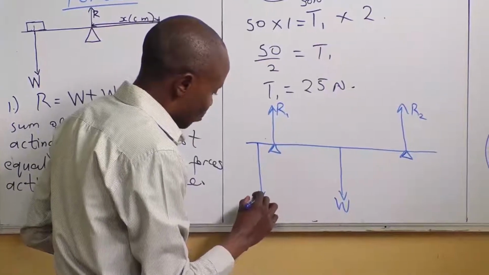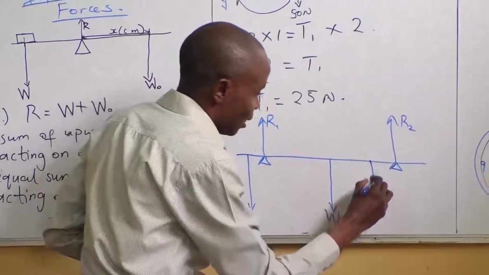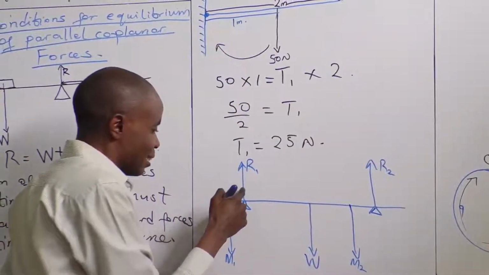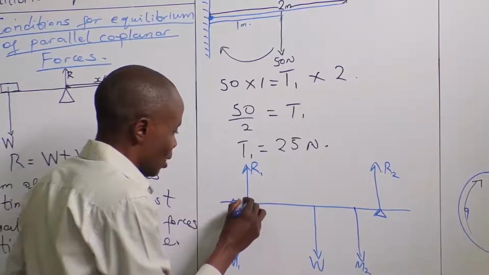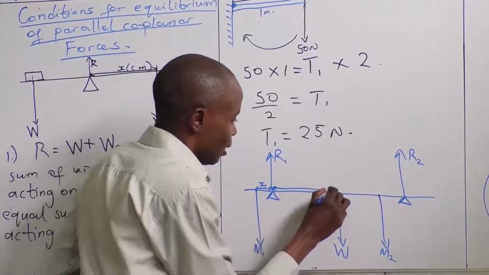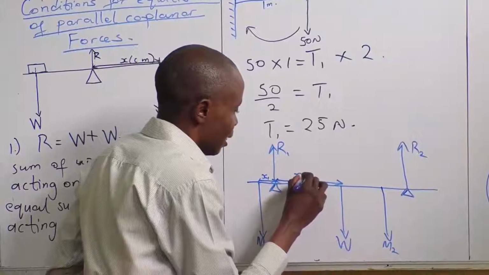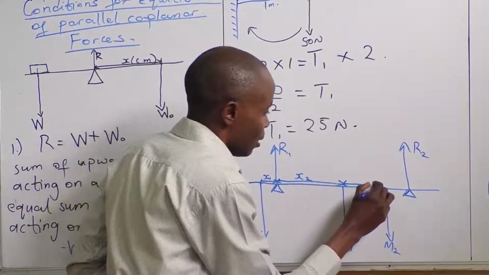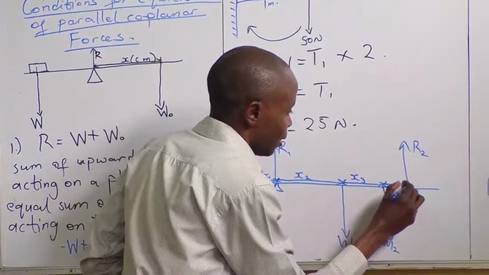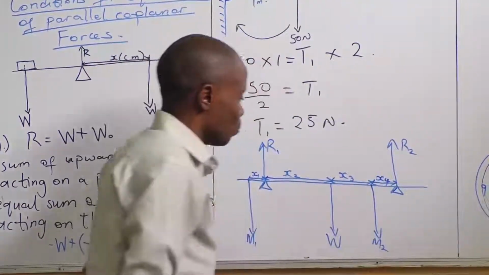Let's call that M1 here, M2 here. And there are distances. Let's call this distance X1, this distance X2, this distance X3, this distance X4.